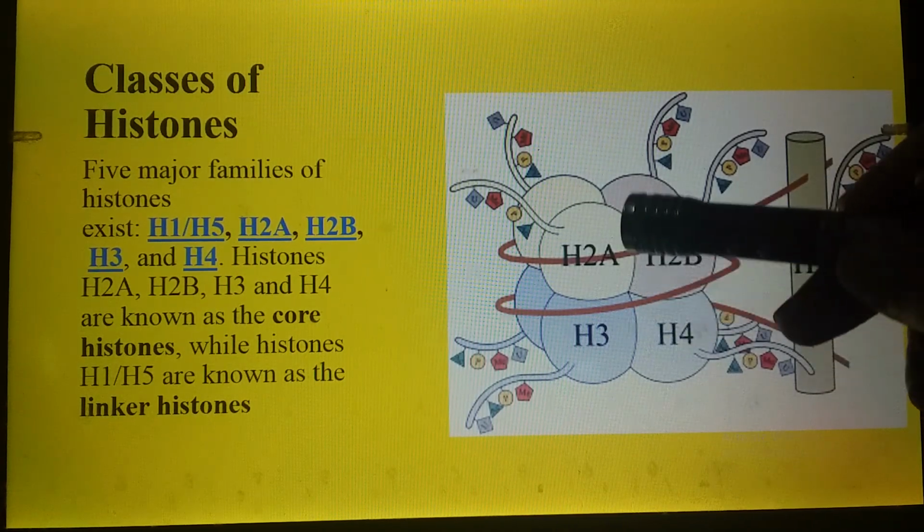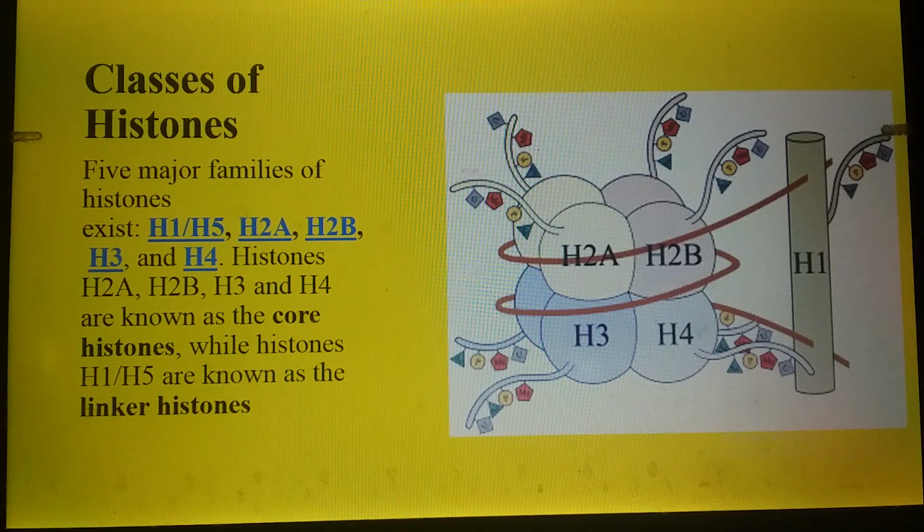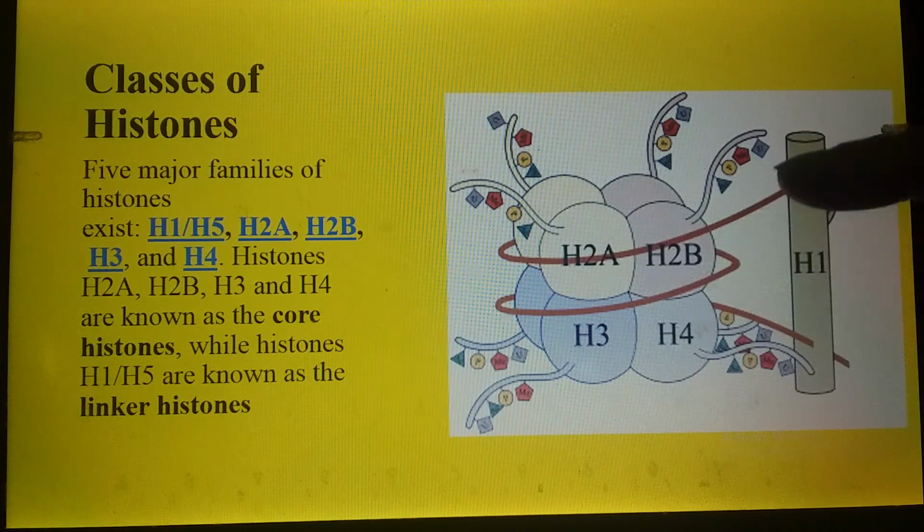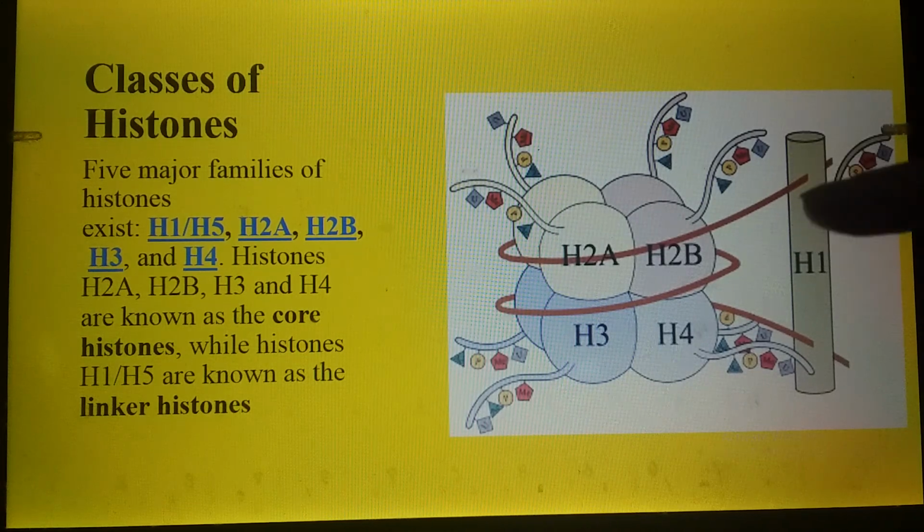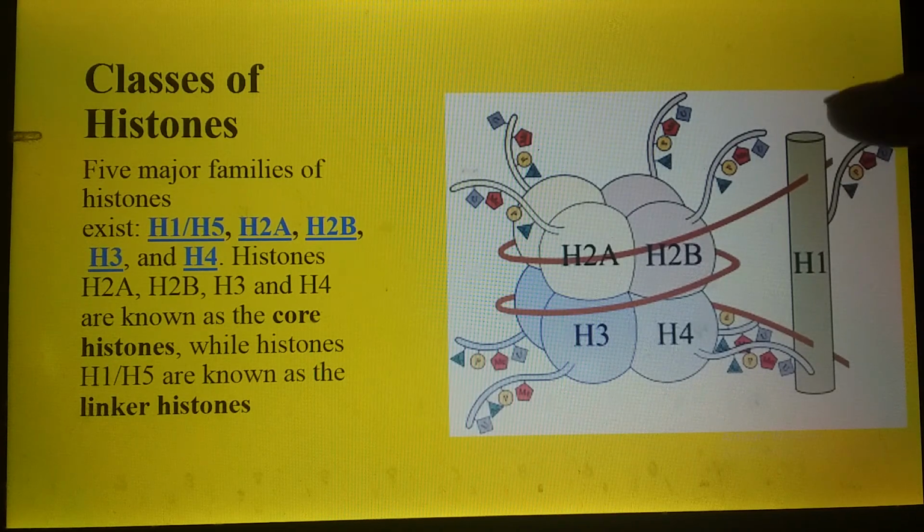So you can see here H2A, H2B, H3 and H4. Four types of histone proteins are packed inside the DNA helix. Each histone protein, H2A, H2B, H3 and H4, has its copy. So there are 4, and if they are present in duplicate form, then there are about 8 proteins.